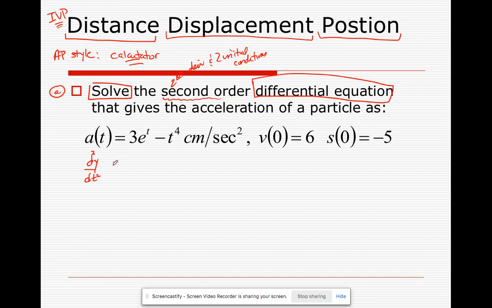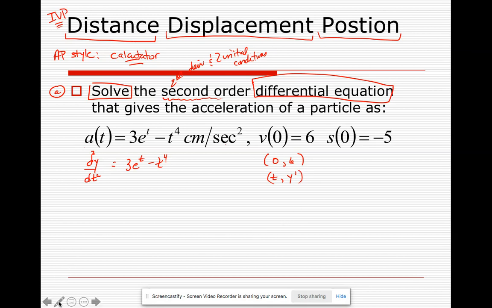The second derivative is 3e to the t minus t to the fourth centimeters per second squared. That also tells me I'm a second derivative. And with the point (0, 6), that means at time equals 0, y prime is equal to 6.